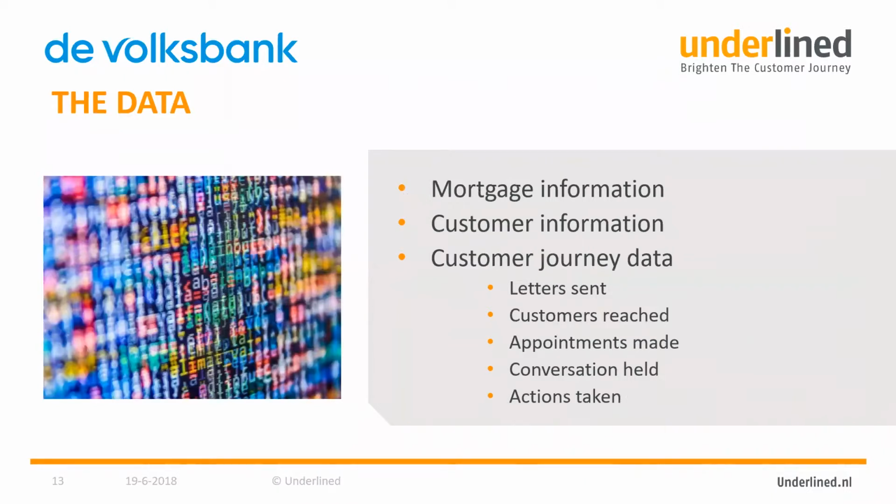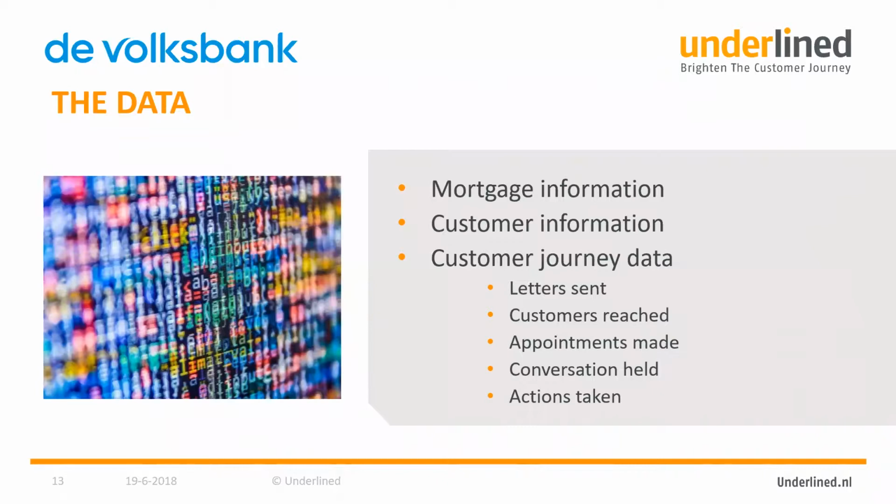Data we used is the mortgage information. So, what kind of mortgage do people have? How much of that mortgage is interest only? But also information about what kind of customers, how long have they been customers? But also for the customer journey, what kind of journey did it take? So, people receive letters, so they get mailings about their mortgage, and are they calling back?